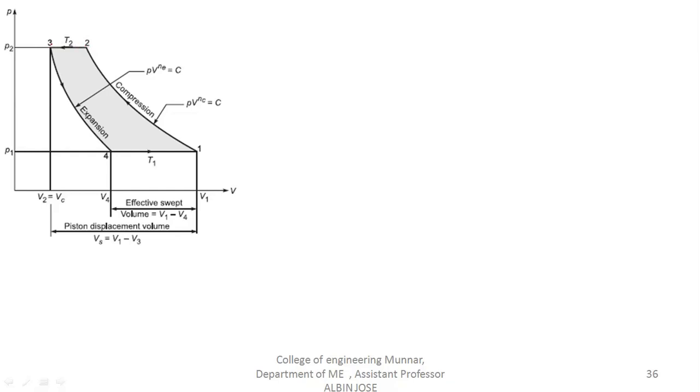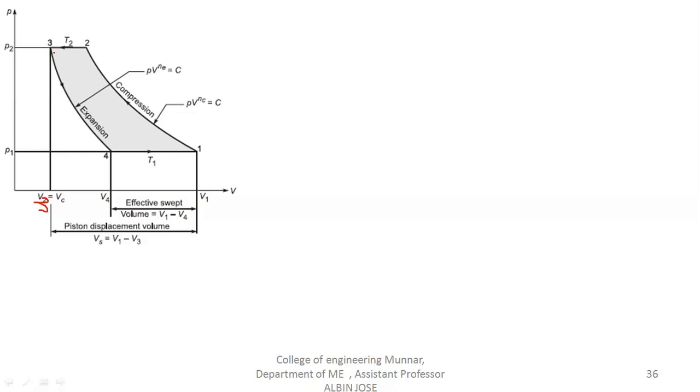The delivery takes place up to the clearance volume, that is Vc, which is equal to V2 and V3, the total volume condition. Here V3 is equal to Vc, the clearance volume.